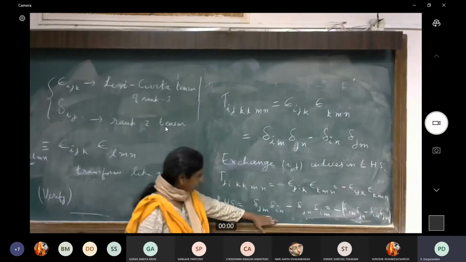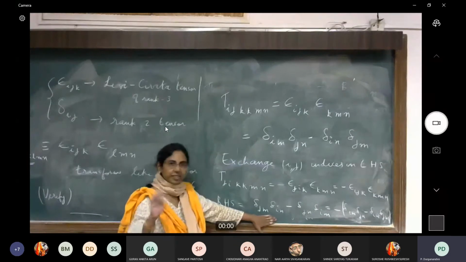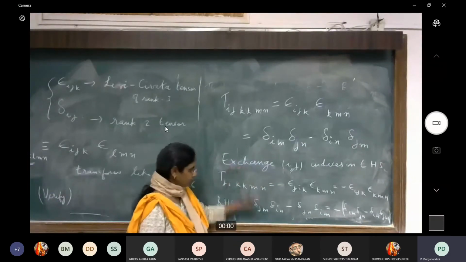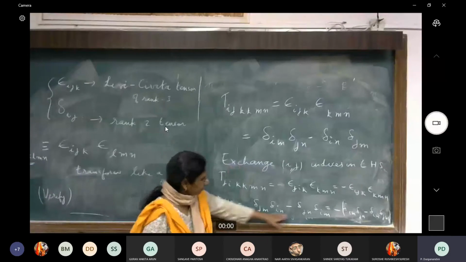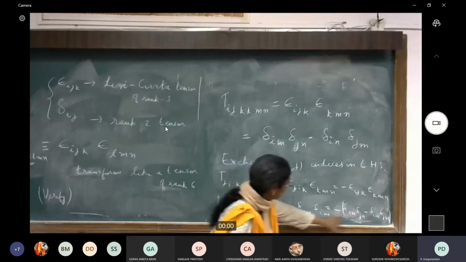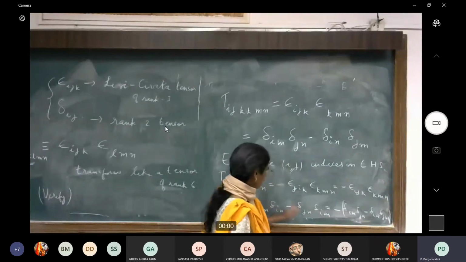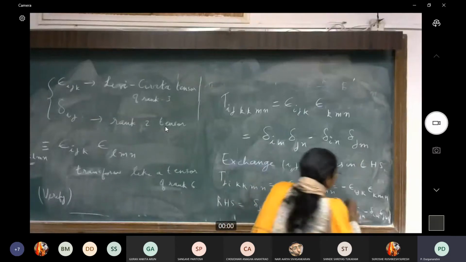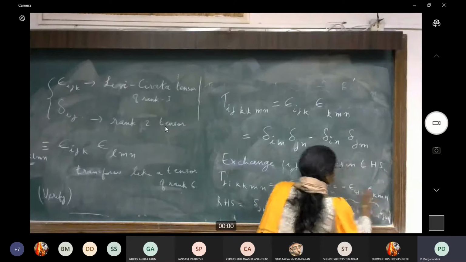When I went in the first step, I've just exchanged i and j, and you must understand what we are doing here. But then you can see that I can write this as minus of delta i m delta j n plus of delta j m delta i n, because I have a minus sign here. But what is this? This is nothing but this.